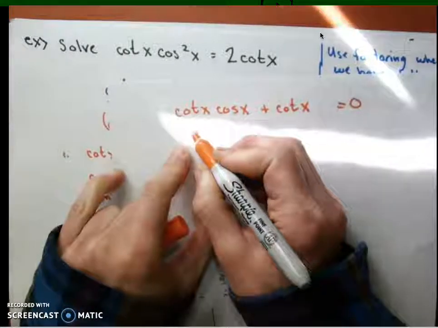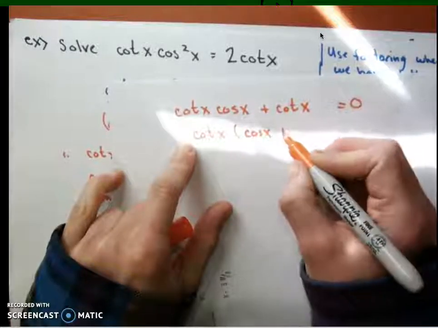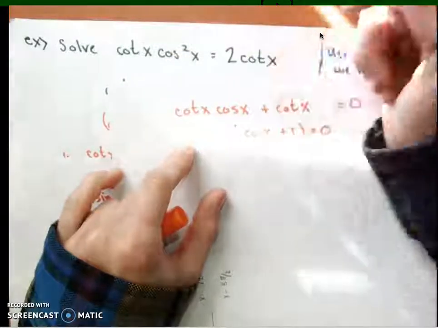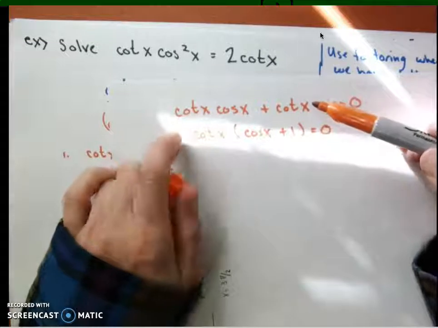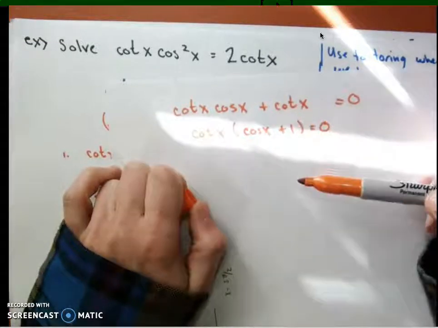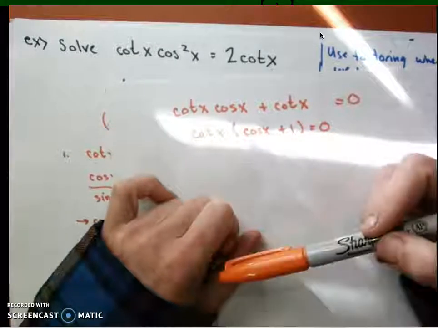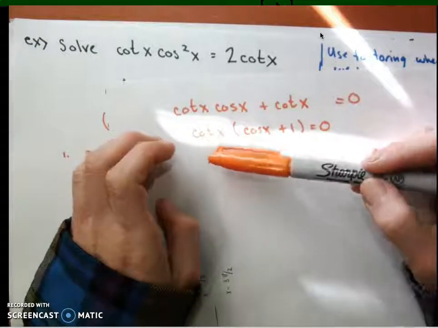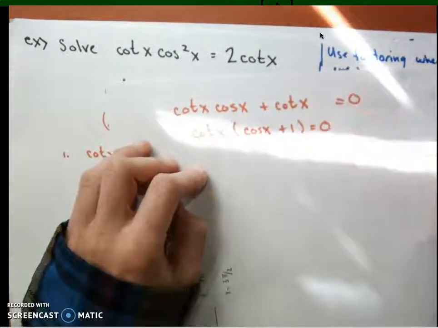I could still pull out the cotan x, and then I'd be left with sine x plus 1 equals 0. So it's not a hard and fast rule that you should only factor if you see a squared. You should factor when it looks like you can factor. If you have terms that share a common factor, then you should factor it. We're always trying to make things simpler. And generally we can solve equations better if we have it in factored form, because then we get two more simple equations that we can solve.